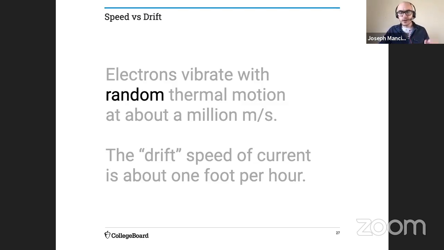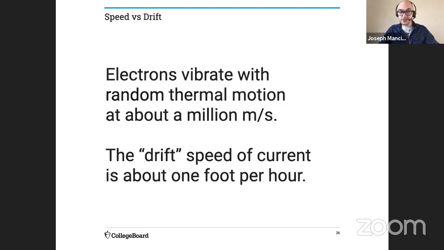But once you run current through that wire, the drift speed of the electrons in that wire, the speed of the current, the speed of the flow responsible for bringing electrical energy around the circuit, that's about 1 foot per hour. And we'll discuss a little bit more about that tomorrow, about why it is that charge flows everywhere the moment charge flows anywhere.